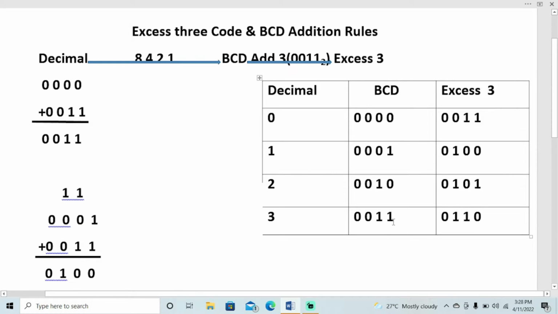You can see here I have already calculated them in binary codes for 3. So you just add these two in binary, and you will get for 0 is 0, 0, 1, 1. That's the excess 3 code for 0. And for 1, you just take 0, 0, 0, 1.